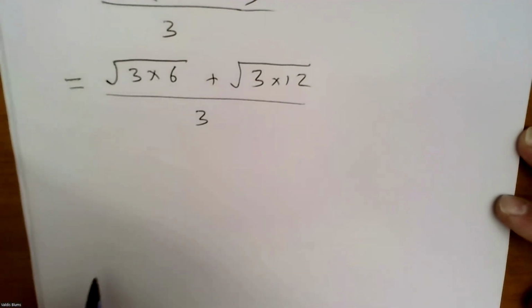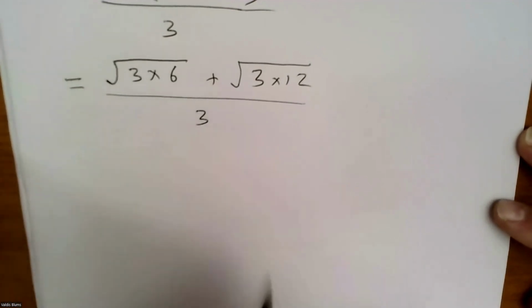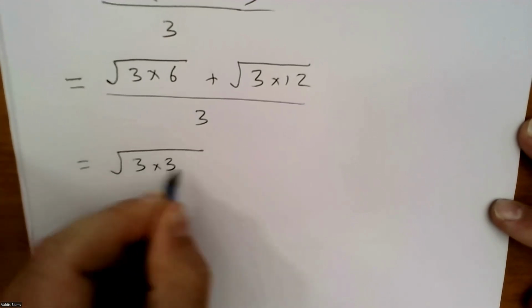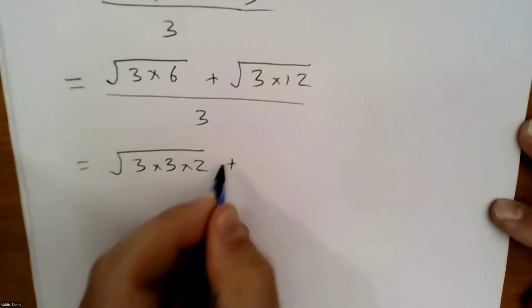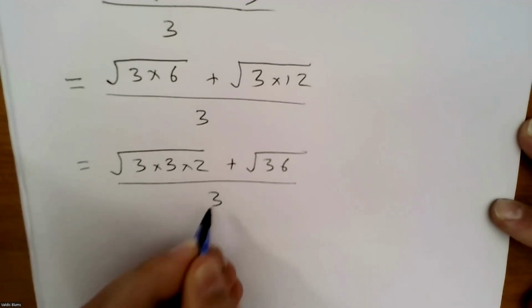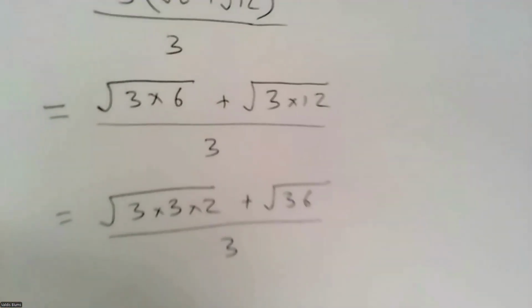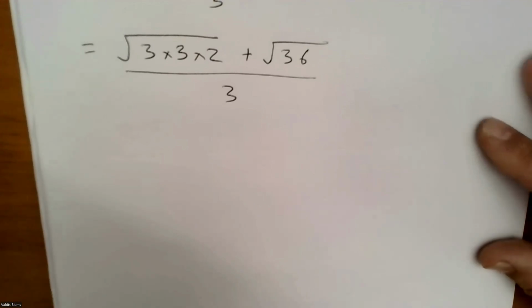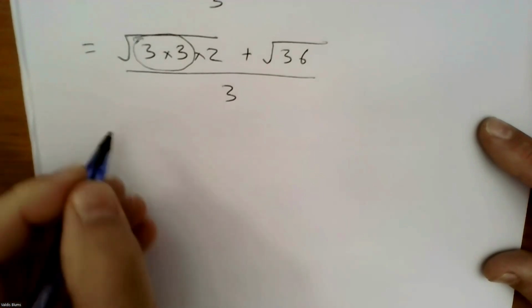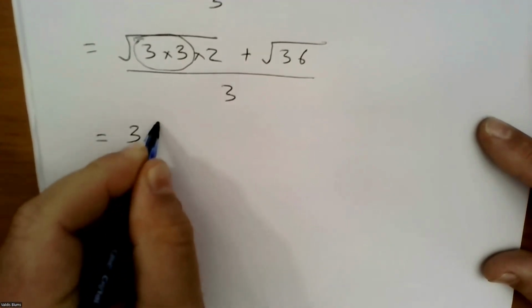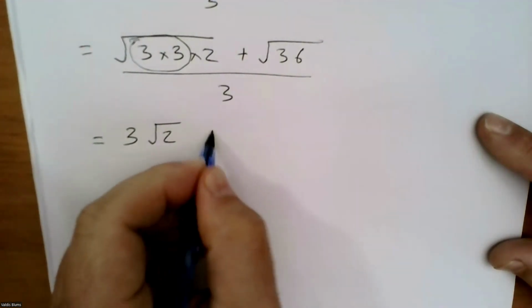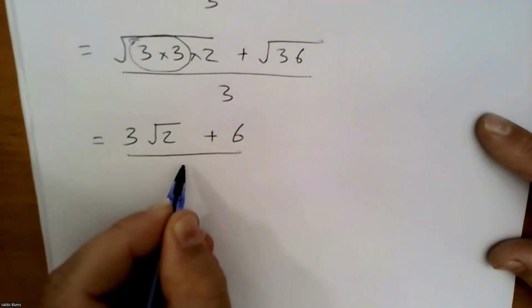But maybe we break this one up into 3 times by 2 for the 6. So we can see working with smaller numbers, we can pull out a 3. Square root of 36 is 6 over 3.